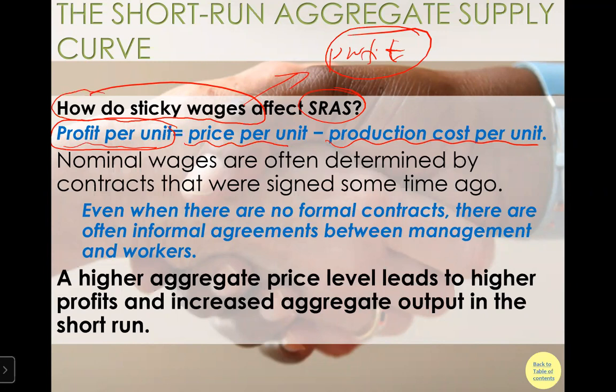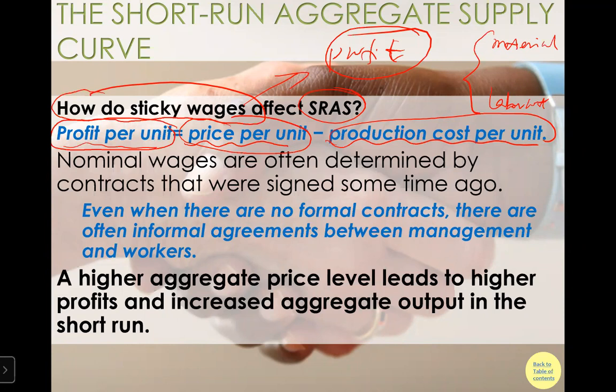And the profit per burger sold equals the price of that burger, for example $10, minus production cost per burger. That includes two parts. One is the material, like buns, like the meat, and so on and so forth. The other cost is the labor cost. I would say labor cost is probably more than 50% of the cost.